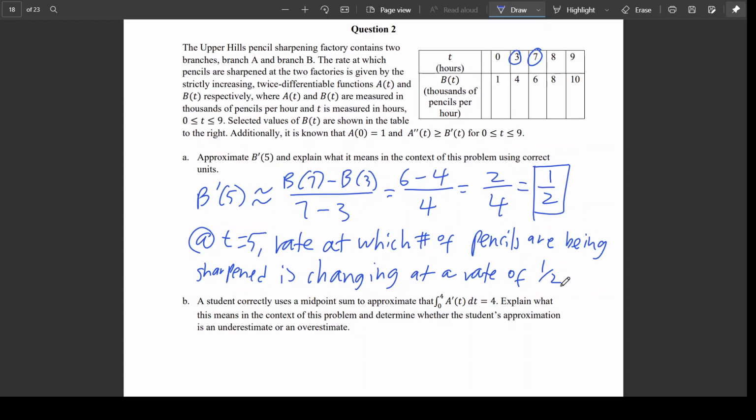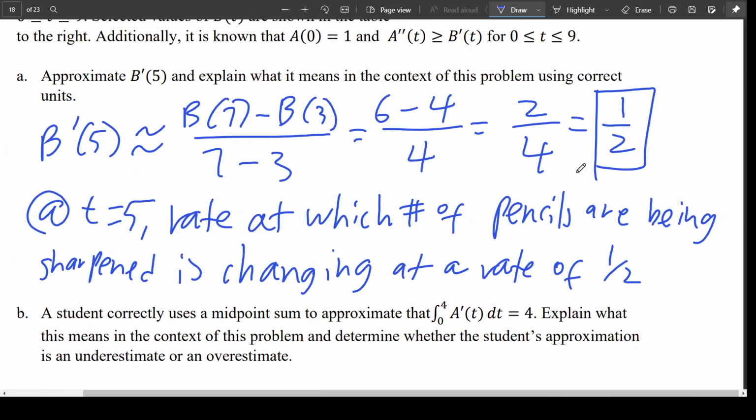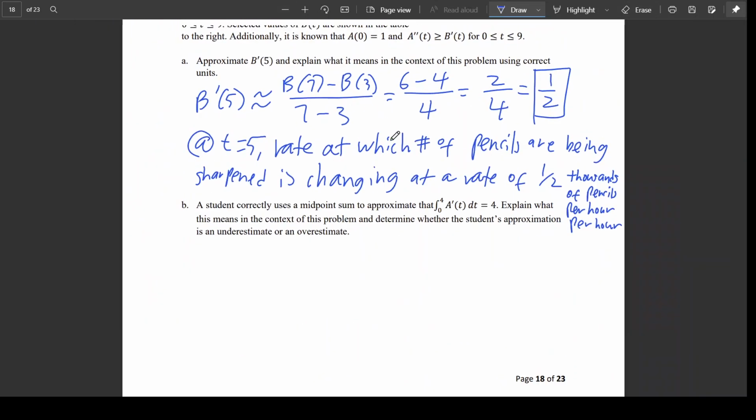I have to zoom in a bit here to write. It's going to be thousands of pencils per hour, so it's per hour squared. Okay, that is part A.